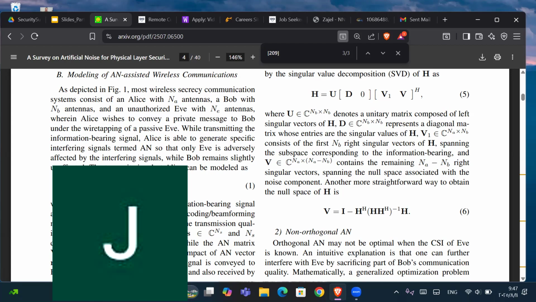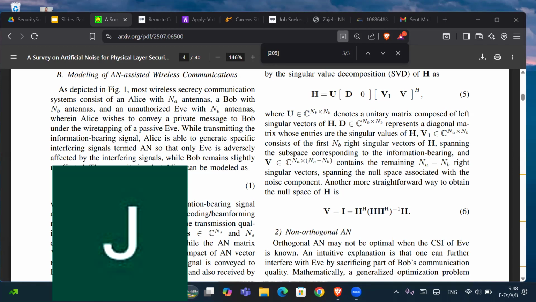We have the information-bearing signal S, which is a vector. Let me just explain S. This is a vector, W is a precoding matrix, V is a null space matrix, and R is the artificial noise. This S is a column vector, with S1, S2. What are S1 and S2?